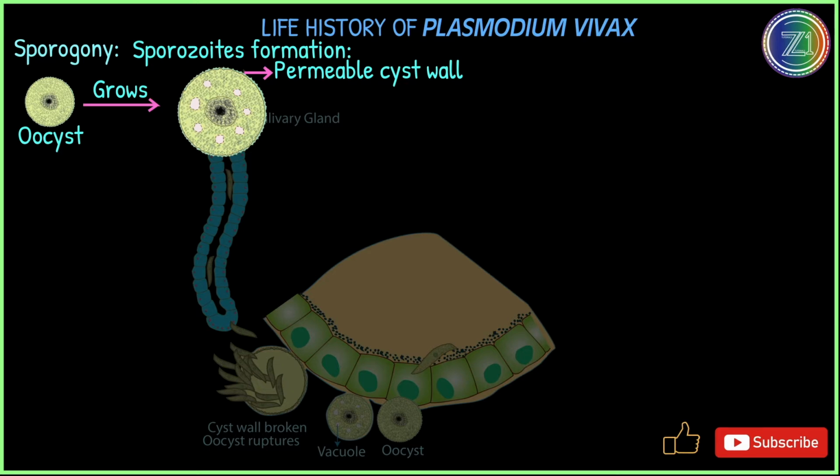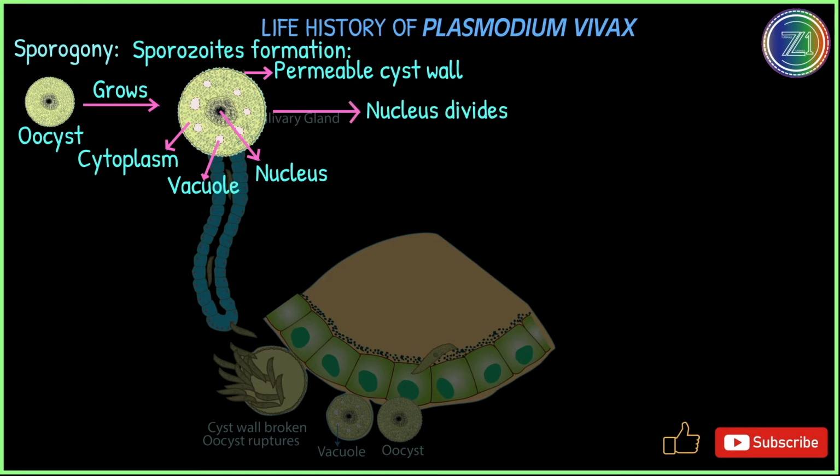growing inside. Now there is cytoplasm here in the oocyst, and this cytoplasm develops a large number of vacuoles, and there is a nucleus also. So the next step, what happens? The nucleus is going to divide, as we have studied previously also.